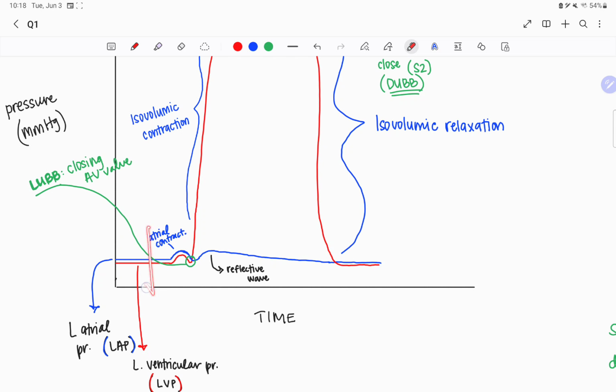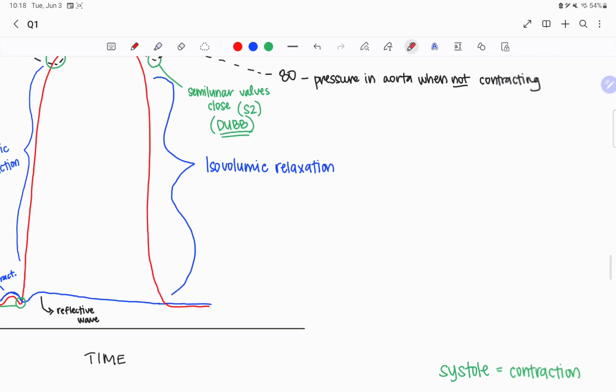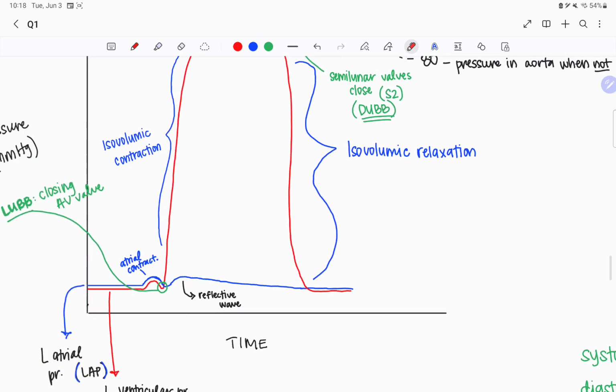Before, it filled it up to like 70 or 80%, just that passive filling. And then when this atrium contracts, it fills up the ventricle the last 20 to 30%. Okay, and then at that point, the ventricle now is full volume and it's starting its contraction. Okay, so it's now got a higher pressure.